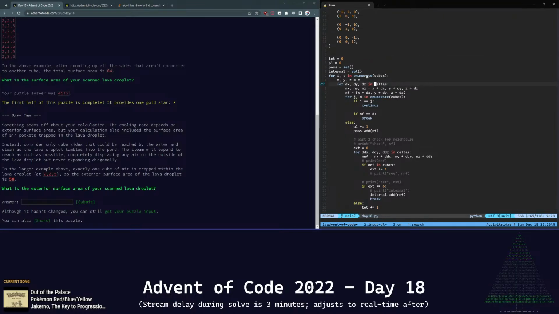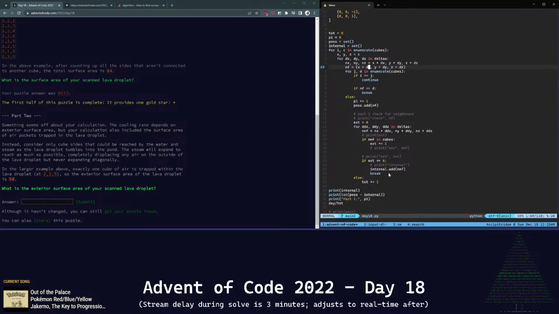So what are we actually doing here? We're looking at every cube and then we're looking at its faces. So I guess you just draw a ray out to infinity, right? And if we never touch another cube, we're good?